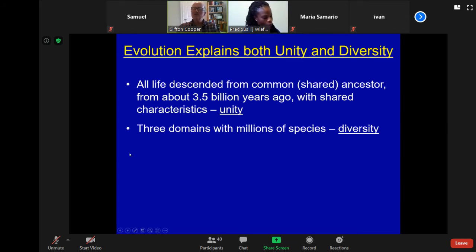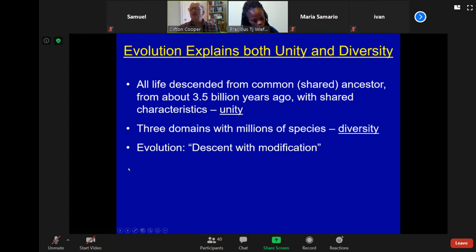Developing into the diversity of life that we have now. And that original shared ancestor had some features like that genetic code. It had a cell structure. It used proteins. It used DNA and so forth, and passed those characteristics on to its descendants. And over time, we have had descent with modification.